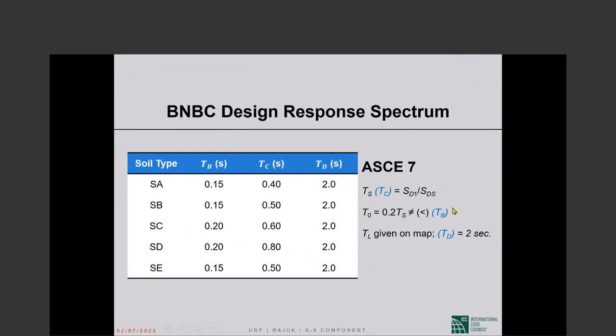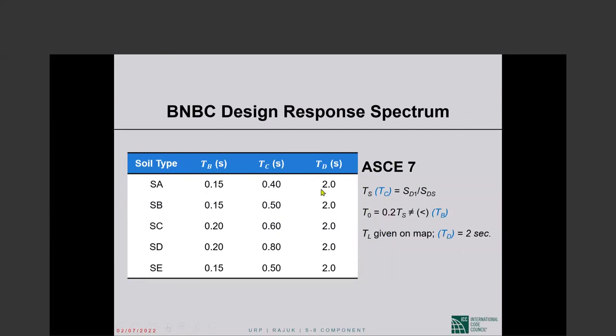The point I'm making again here is that the T sub S and T sub C are the same. T sub C here is the same as T sub S of AC7. The T sub L of AC7 is given on map.